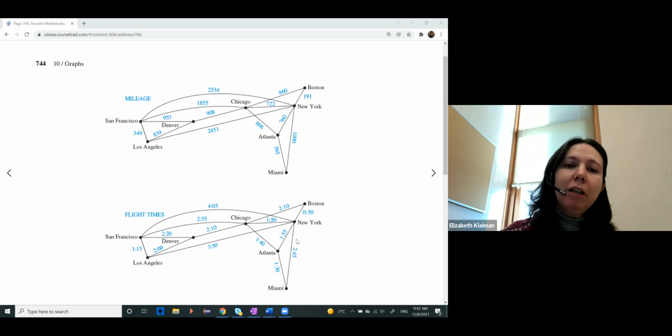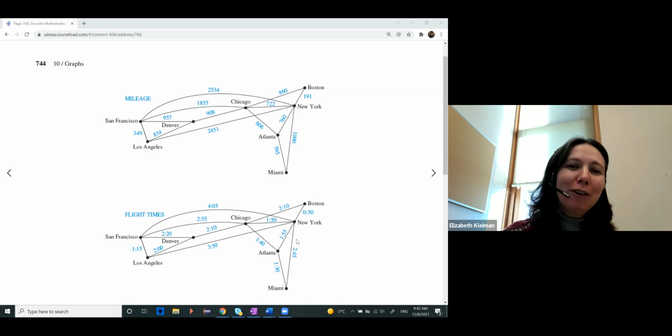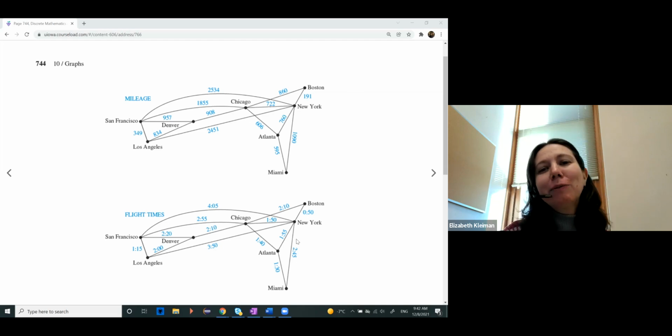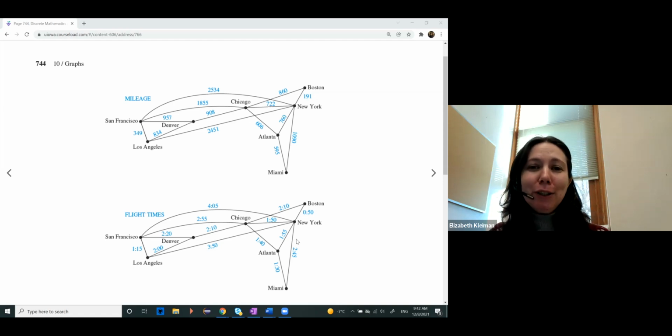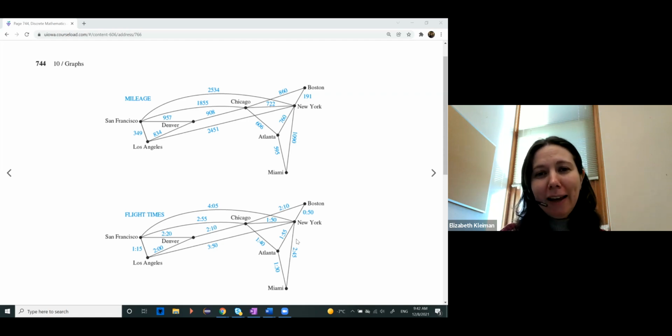How many different paths do you see there? 1, 2, many? I think many is a good answer, yes, because I can go from, I don't know, San Francisco to New York, and then from New York to Boston, and from Boston to Chicago, and from Chicago to Denver, and from Denver to LA.